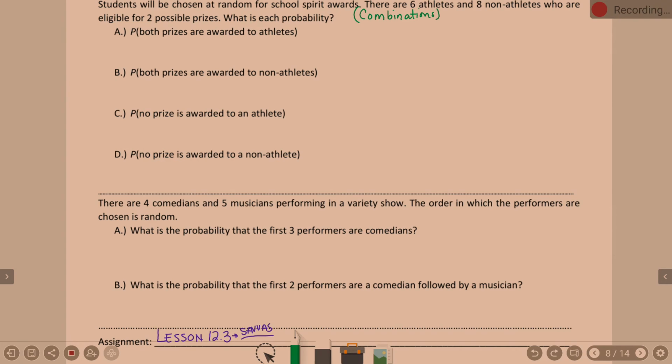Probably wouldn't hurt to go ahead and get a number. How many total people are we dealing with in this problem? We had 6 athletes, 8 non-athletes, so that is a total of 14 students, if you will. Just gathering some information. So A asks, what is the probability both prizes are awarded to athletes?